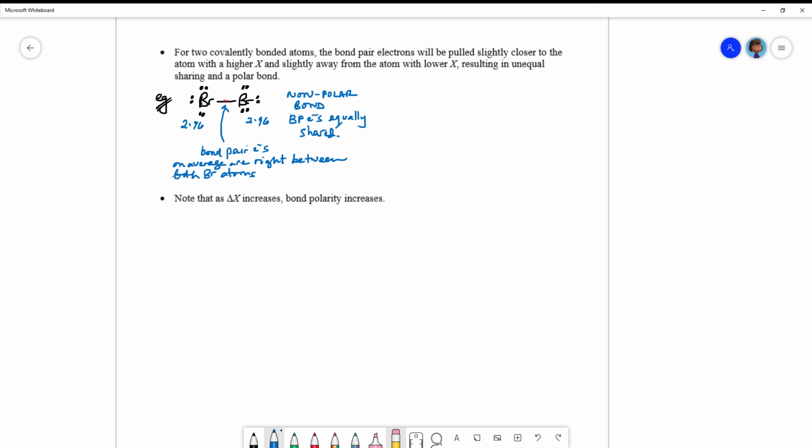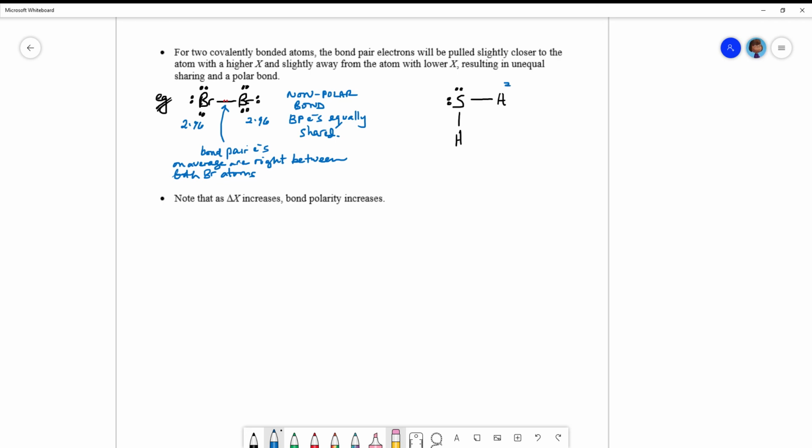Now, in contrast, we could then take a look at H2S. H2S: sulfur, hydrogen, hydrogen, and two lone pairs on the sulfur atom. Once again, we can look up the electronegativities of sulfur and hydrogen, and I actually memorized them in my last sneak peek.